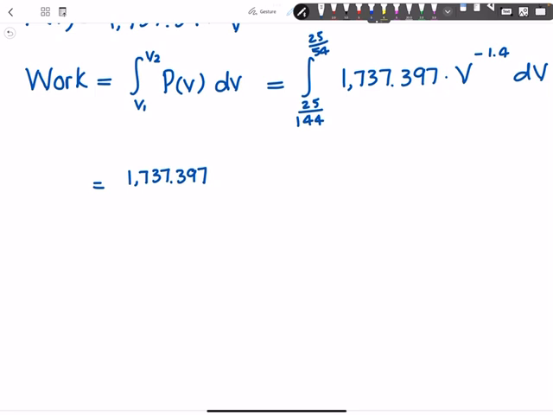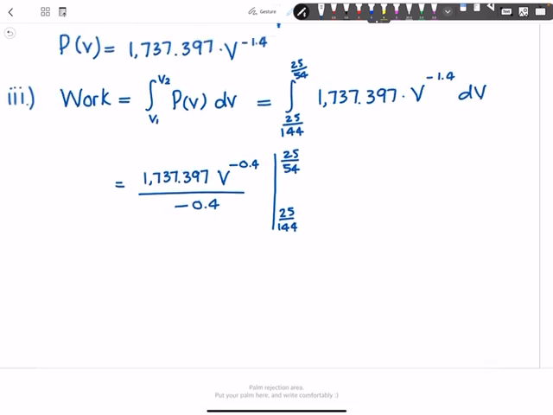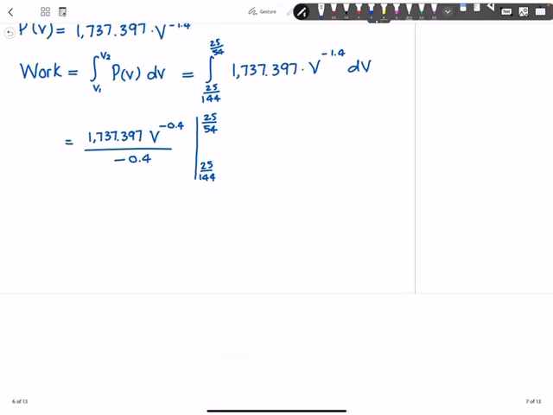So add 1 to that exponent, which makes it negative 0.4, and we have to divide by our new exponent. Then I'm going to be evaluating from 25 over 144 all the way up to 25 over 54. We will need to plug in top minus plug in bottom.